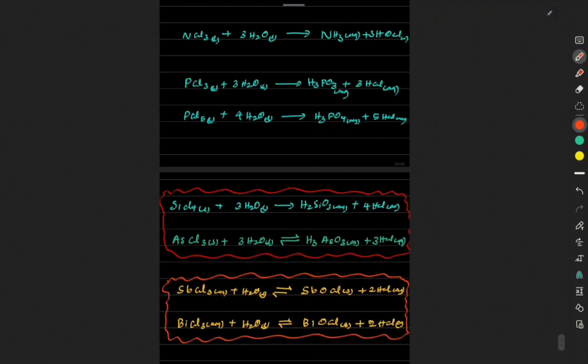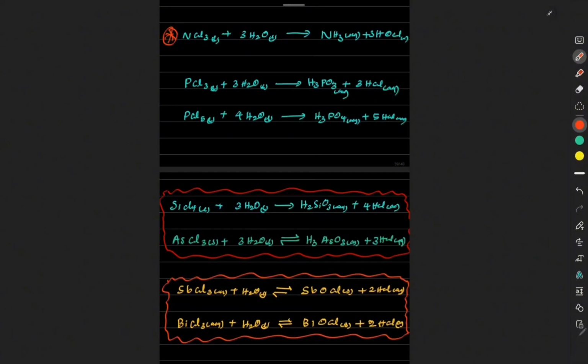This is also a special reaction with nitrogen. This one, they form hypochlorous acid. Here PCl3 produces H3PO3, PCl5 produces H3PO4. In every reaction, they produce HCl except this one, the nitrogen, NCl3.